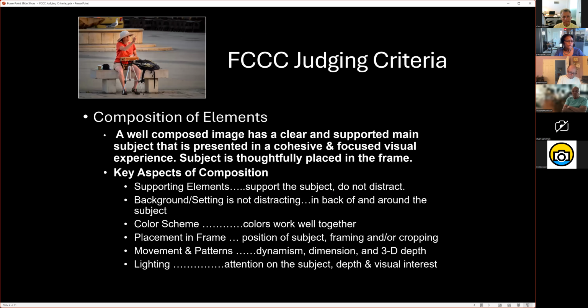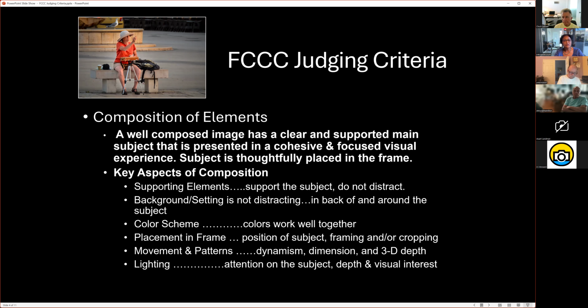We go on to composition of elements. The first item in that is a well-composed image that has a clear and supported main subject, and it's presented in a cohesive and focused visual experience. Subject is thoughtfully placed in the frame. The key aspects of composition are: 1, supporting elements.